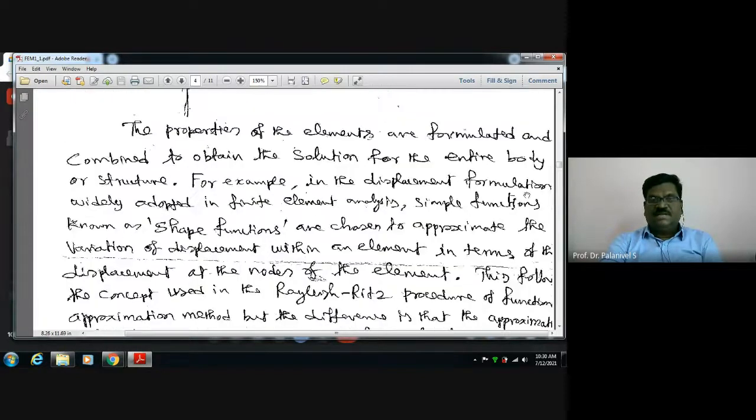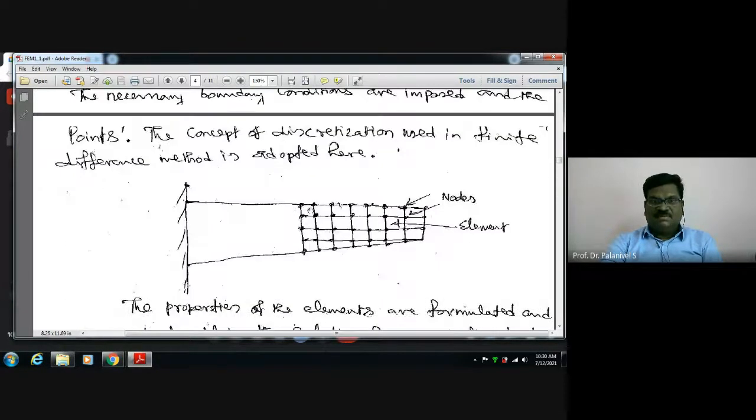Please see here, if I consider this element, from this element's property I will get the displacement of this node. From this element's property also, I will get a displacement of this node, and likewise for the others. They have to be added together, so that continuity of displacement is obtained at each node.